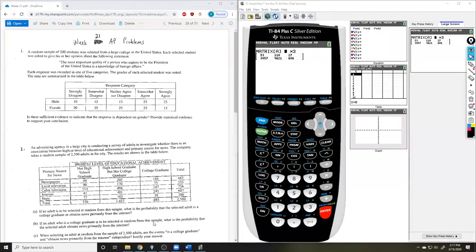What are my dimensions? 2 by 5. So we have 2 rows, 5 columns. And one of my suggestions when you do this, just to make sure that everything is entered properly and makes sense, is to check at least one of these by hand.